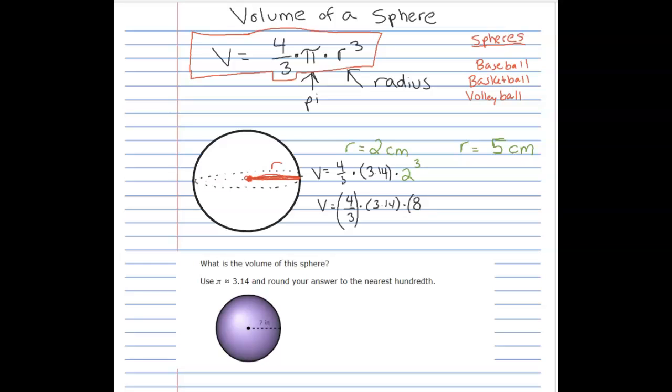Honestly, put everything in parentheses. It's going to make your life a whole lot easier. So I'm given 33.4933333. I don't want that. I'm going to round it to the nearest hundredth.